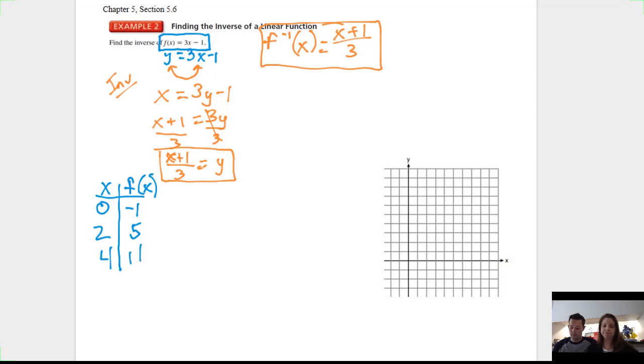Are those correct? Yes, looks good. All right, so I'm going to plot those on the graph. This is a linear function, so we could have done this with 2 points.